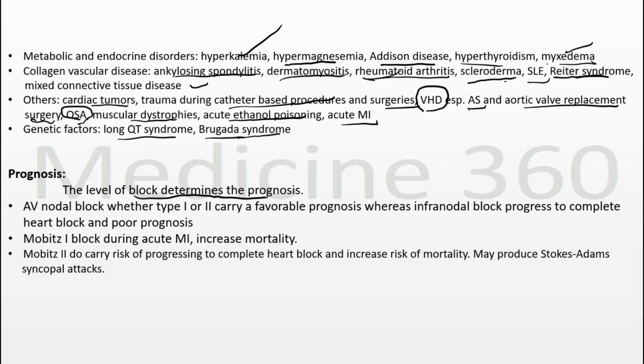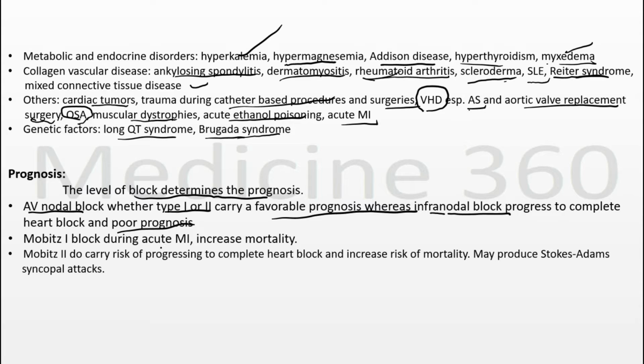For example, AV nodal block, whether type 1 or type 2, carries a favorable prognosis, whereas an infranodal block can lead to third degree heart block or complete heart block, and it has a poor prognosis. Then there is Mobitz type 1 block.